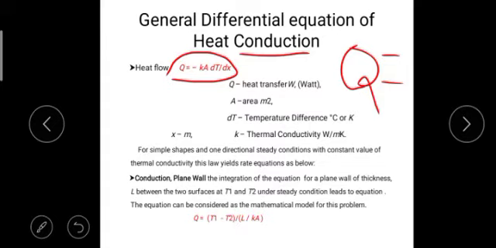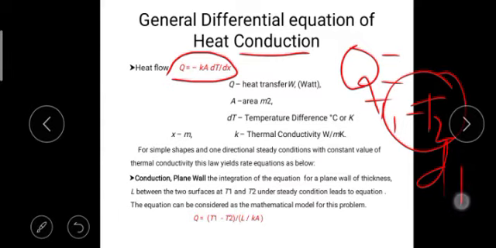Then dT means the temperature difference. The temperature difference is T1 minus T2. What is the T1 temperature minus the T2 temperature? So it is a difference.